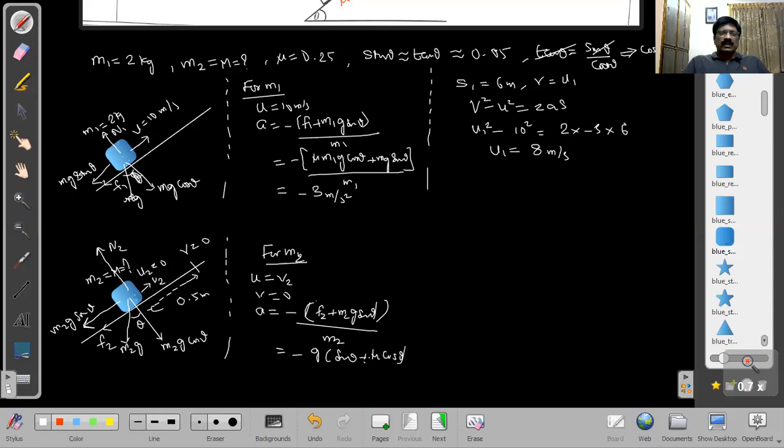That means in case of the first block, whatever formula we got, here also we will get the same, because mu is the same. In the first case we got minus 3, so here also you will get minus 3 meter per second square only.